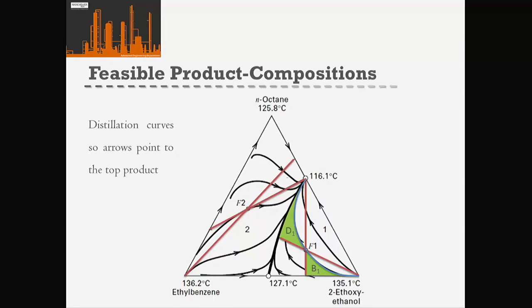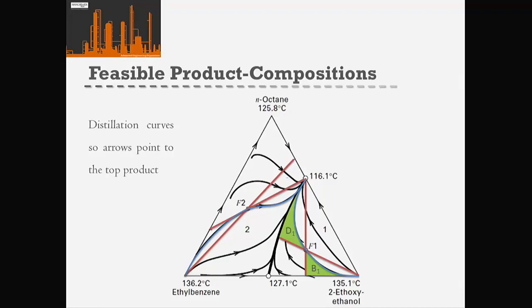We're going a straight line for our feed, and we're following our extreme residue curve, which goes round here. We now have a slightly more interesting shape residue curve passing through our feed point.